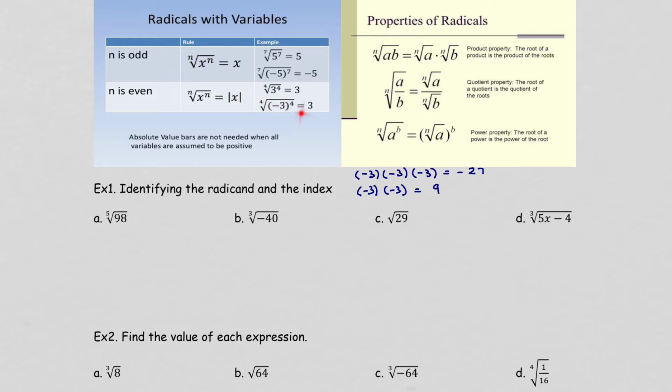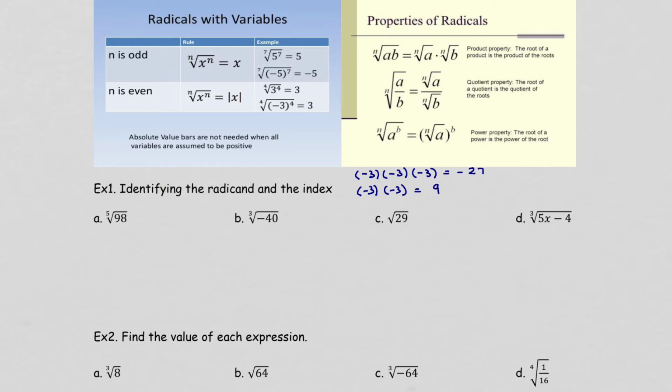And because you have 4 of the same number, you can bring it outside of the fourth root, which makes it positive 3. You're going to have 7 of negative 5. So when you multiply negative 5 seven times, it will still be a negative value. And getting rid of the 7 by the 7 index, you will still get the negative solution, right?